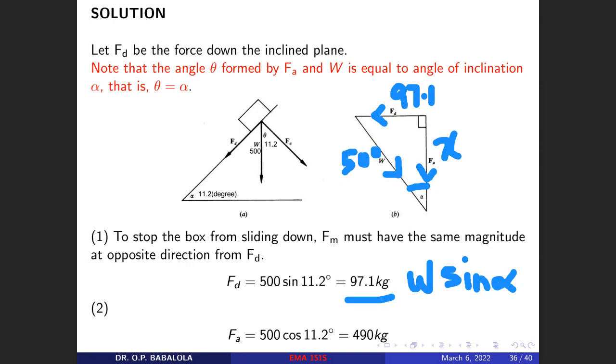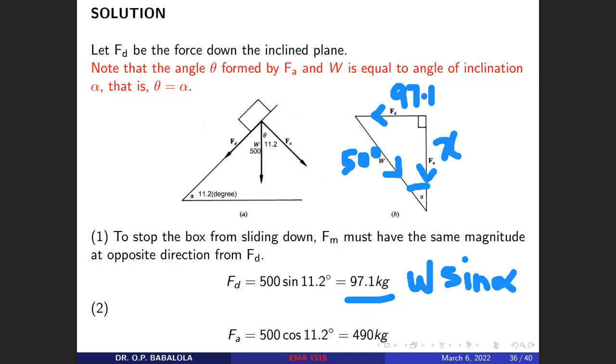Okay. So you see, you can either use Pythagoras theorem or you use the trig ratio. Why do we say we can use Pythagoras theorem? It's because we have a right angle triangle. If this is not a right angle triangle, then we will not be able to use Pythagoras theorem. All right.